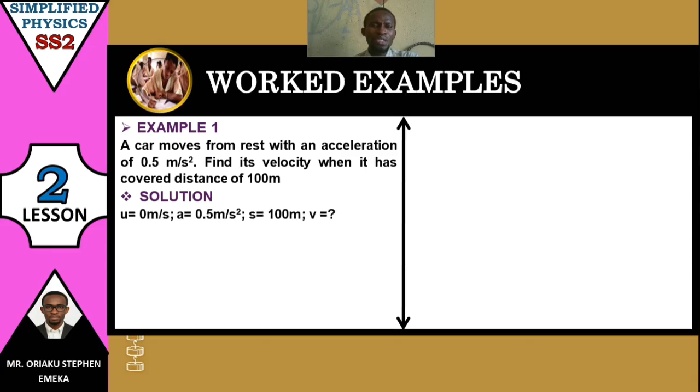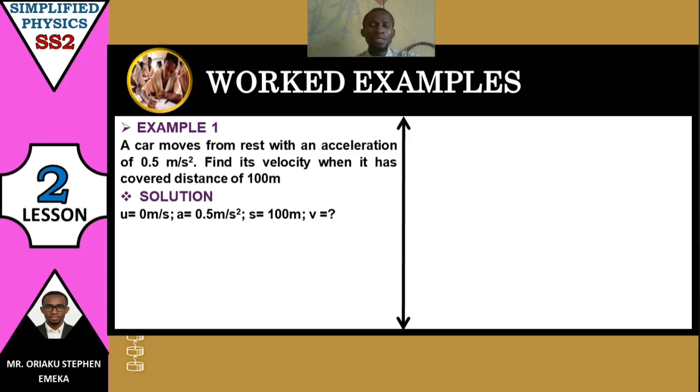For the question, the car moves from rest, meaning that it's starting from rest.